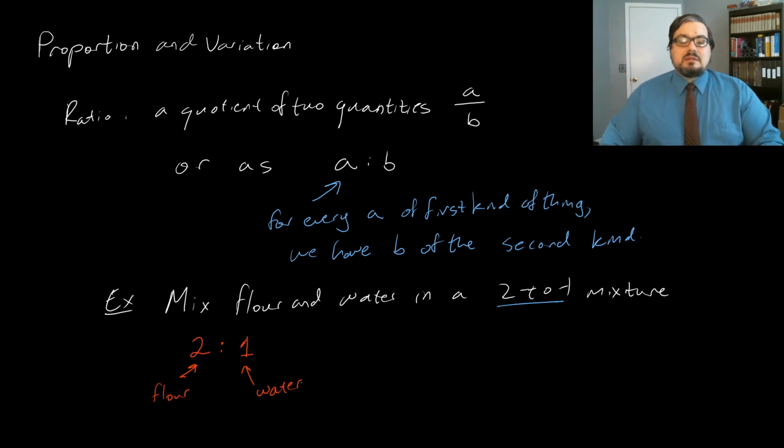Now, what we usually do with ratios is we'll set them equal to one another. We'll want to know that one ratio is equal to another one. And there are lots of situations where this shows up. So let's look at a similar example.